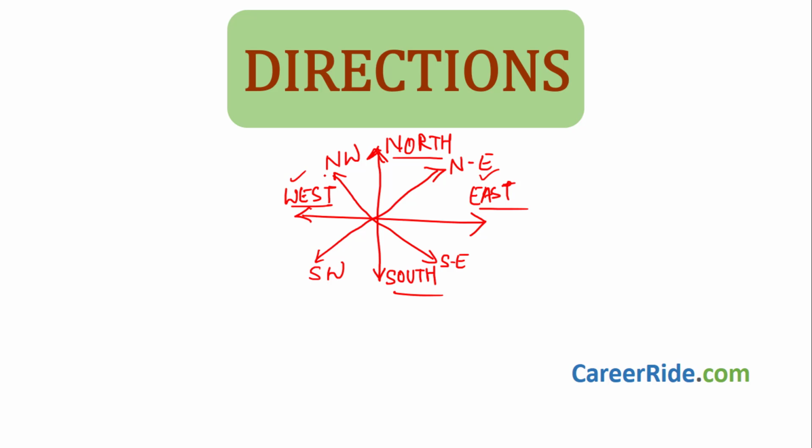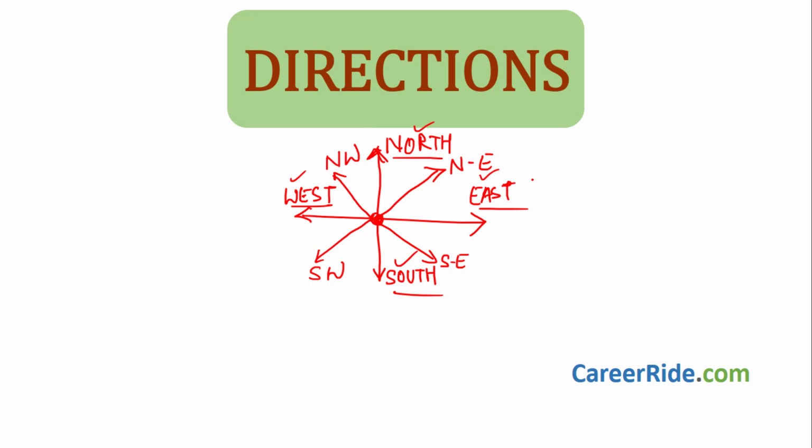Mind you, it is not west north or east north. It is northwest. So north or south is written first and then east or west. So northwest, northeast, southeast and southwest. These are the 8 main directions which you should know for solving sums related to direction sense test.